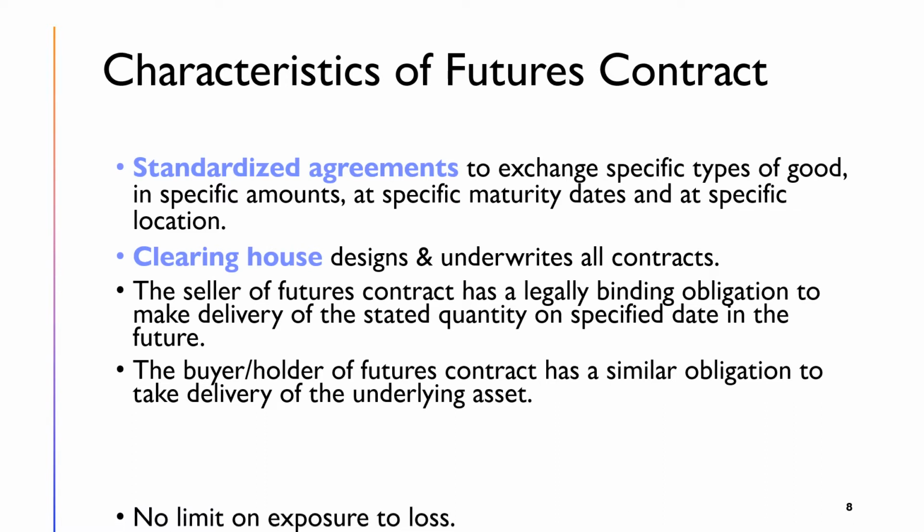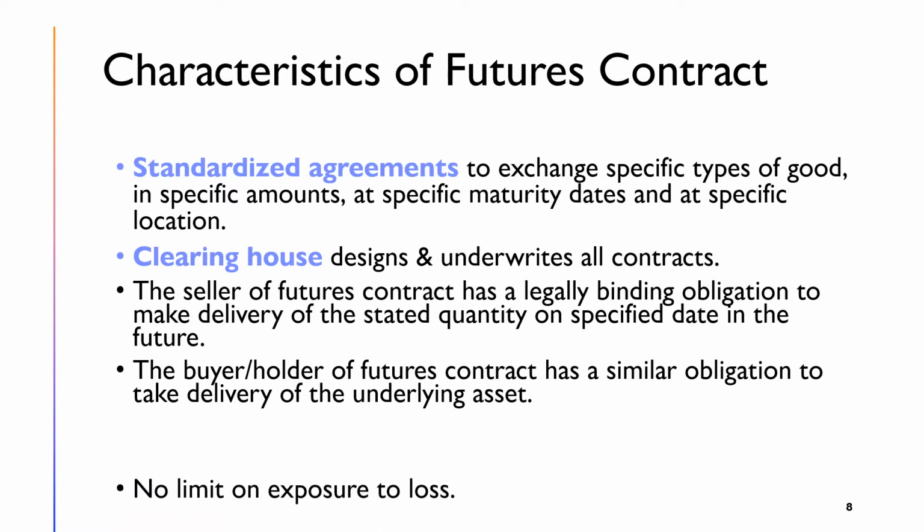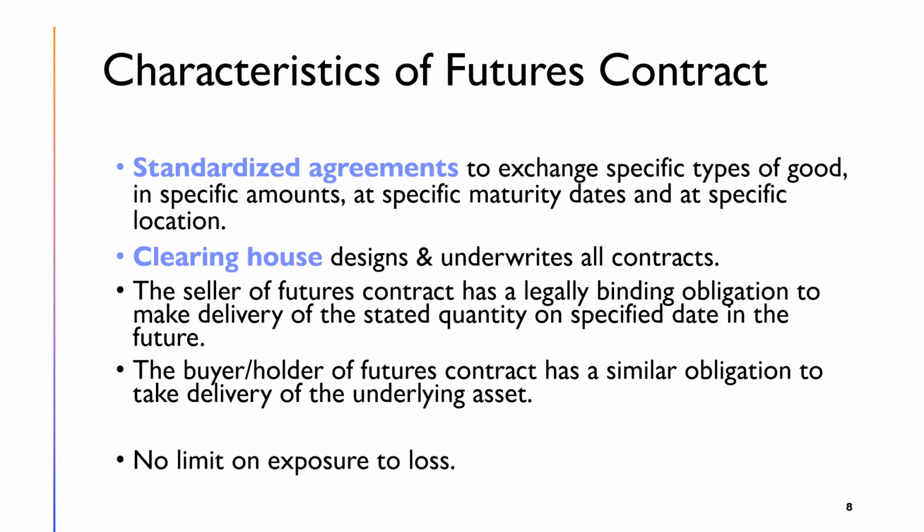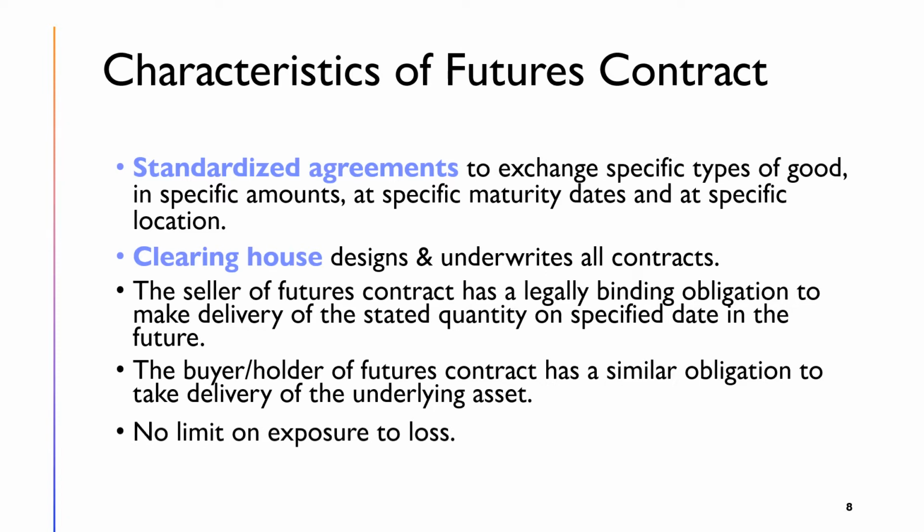A futures contract has no limit on exposure to loss. By standardizing these contracts and creating an organized market with rules, regulations, and a central clearing facility, the futures markets offer an element of liquidity and protection against loss by default.